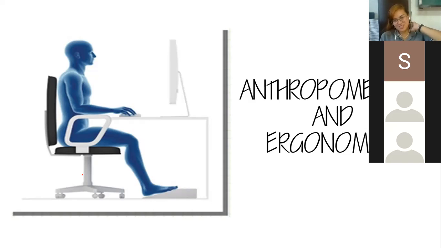What is anthropometrics and ergonomics? It refers to human measurement, measurement of human individuals. Correct. Sige, ang ergonomics.